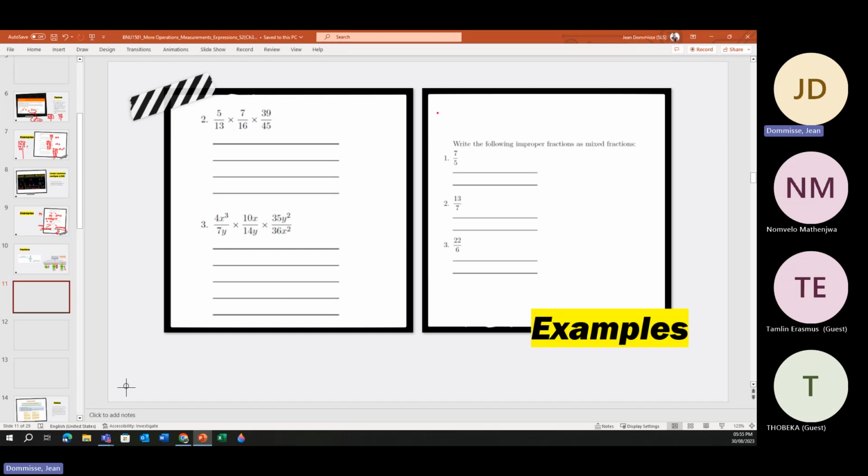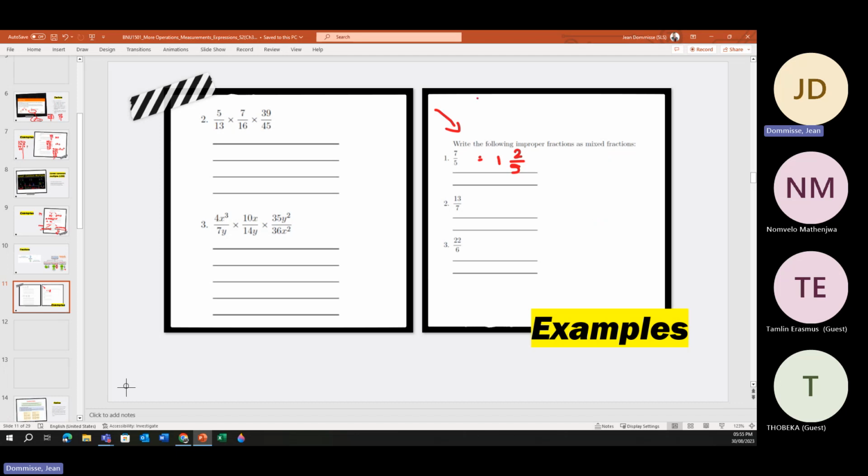Let's do this one first, because the answer set should not be confusing. It should be straightforward that from 7/5, one can write it as 1 and 2/5. Okay, so that will be the improper moving into a mixed fraction.